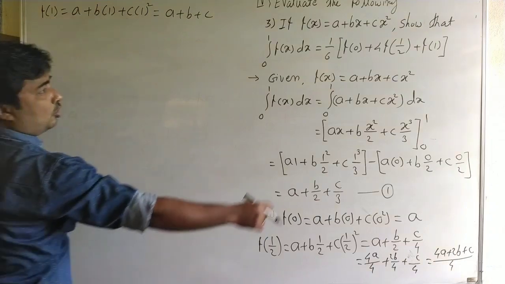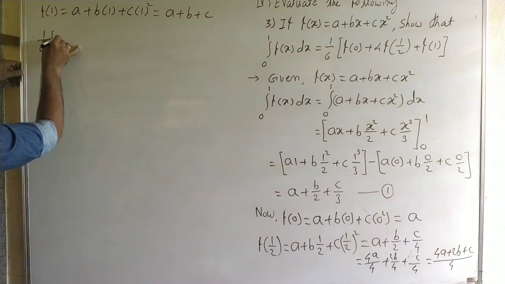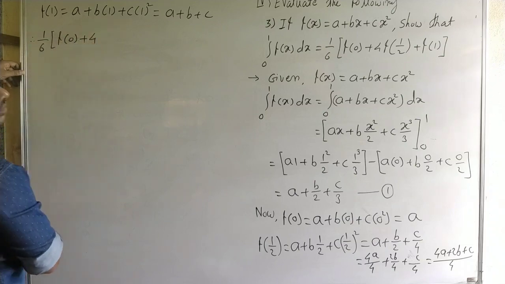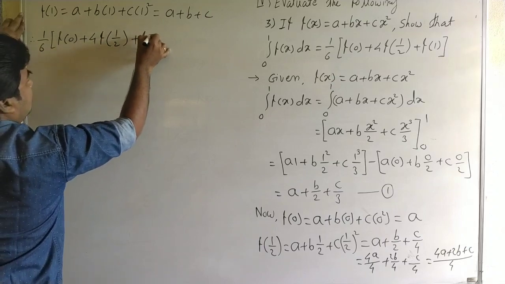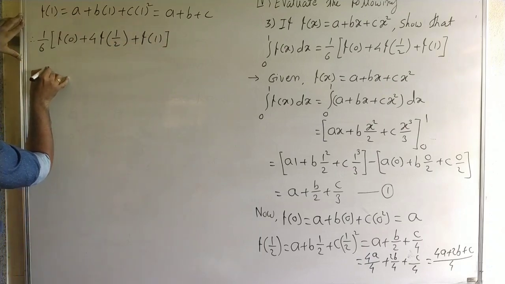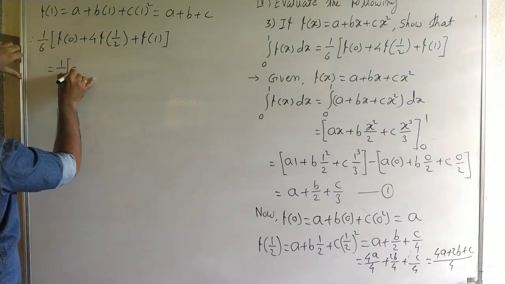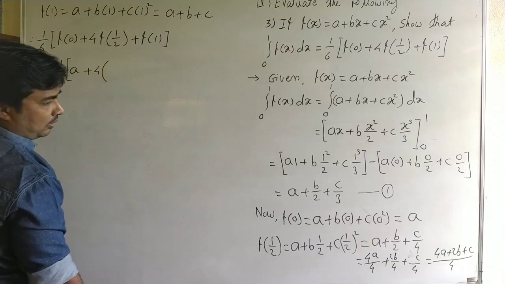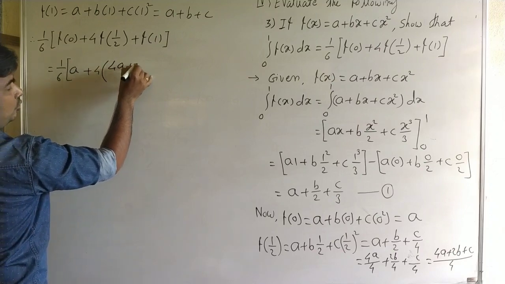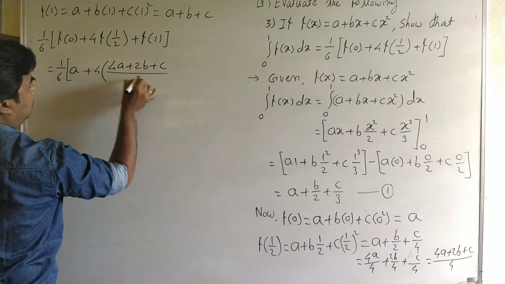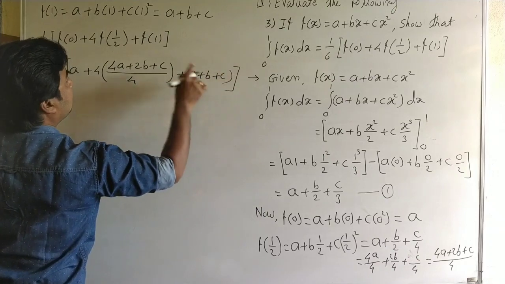Now we want to find this value in the RHS, therefore it is 1 by 6 f of 0 plus 4 into f of 1 by 2 plus f of 1, and this is equal to 1 by 6 into f of 0, the value of f of 0 is a, plus 4 into f of 1 by 2, we can take this value, 4a plus 2b plus c upon 4, and plus a plus b plus c, the value of f of 1.